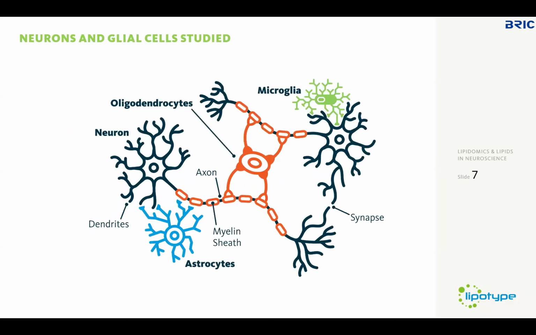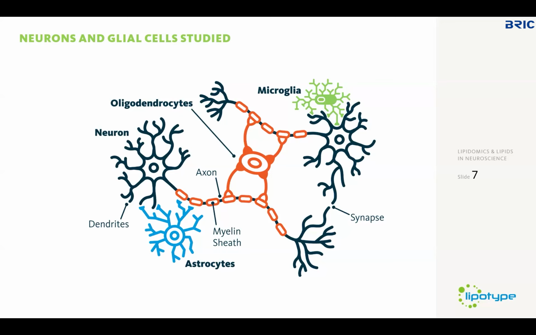The central nervous system and peripheral nervous system consist of electrically excitable cells, neurons, and the cells that do not produce electrical impulses but provide vital support for the whole system. They're called glia cells. Glia cells in the CNS include many different types, such as oligodendrocytes, astrocytes, and microglia.